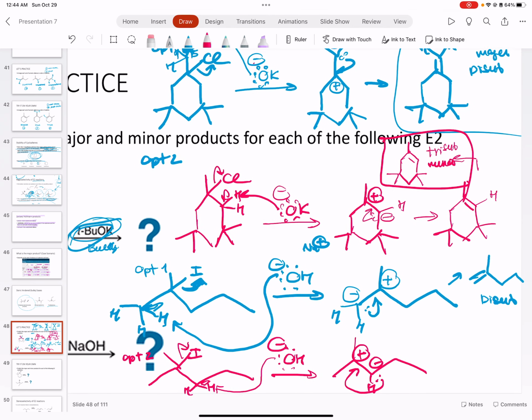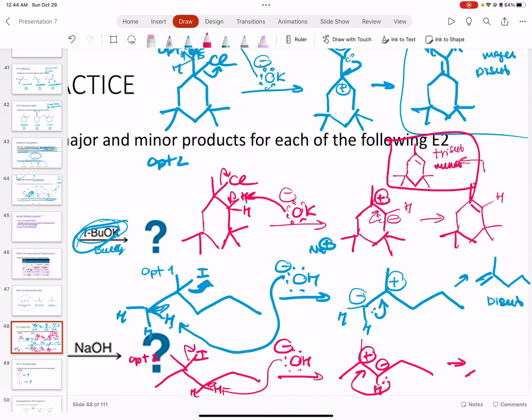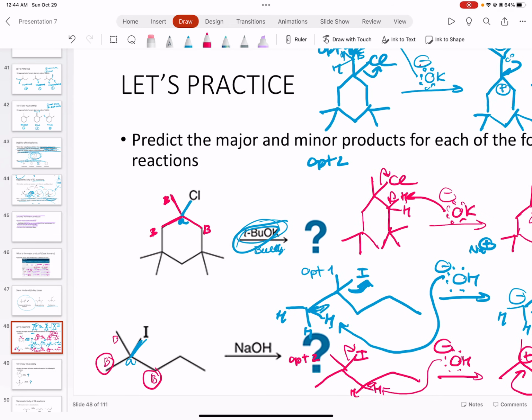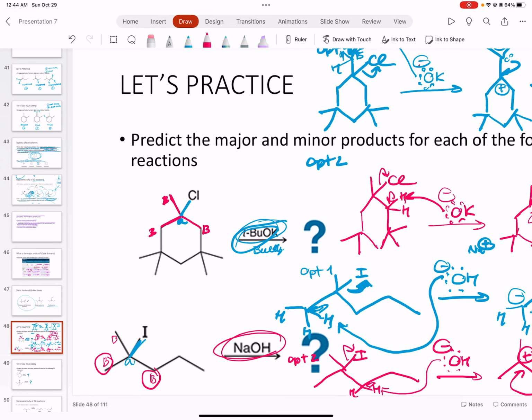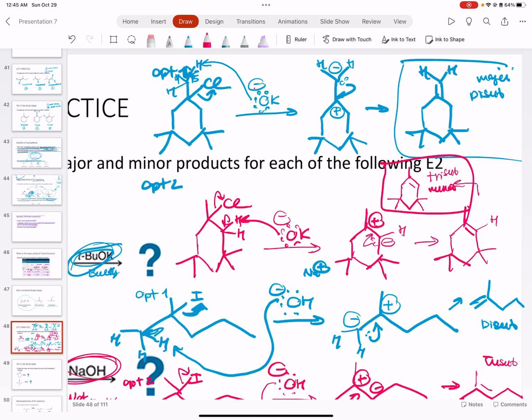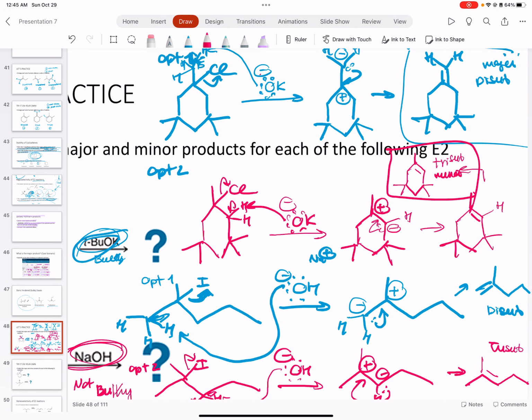We're gonna have a double bond right there. And remember, again, we do have a hydrogen in there, but I'm just not gonna show it. And then this one's gonna be tri-sub. So then remember, since this one's not really bulky, that means the more substituted is gonna be our major product. Therefore, the more substituted is the tri, so then this one's gonna be our major. Well, this one's gonna be our minor.